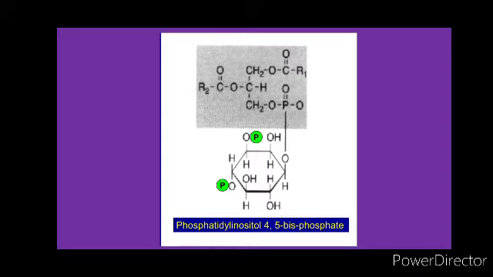So here's a simple molecule like glycerol. It has a fatty acid there, a fatty acid there, a phosphate, and a head group. This is the general structure of phospholipids in the membrane. There are many different types of head groups in the phospholipids that make up cell membranes.